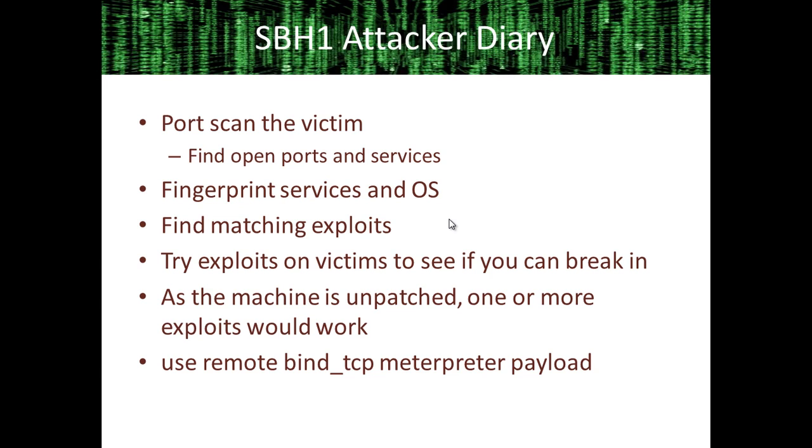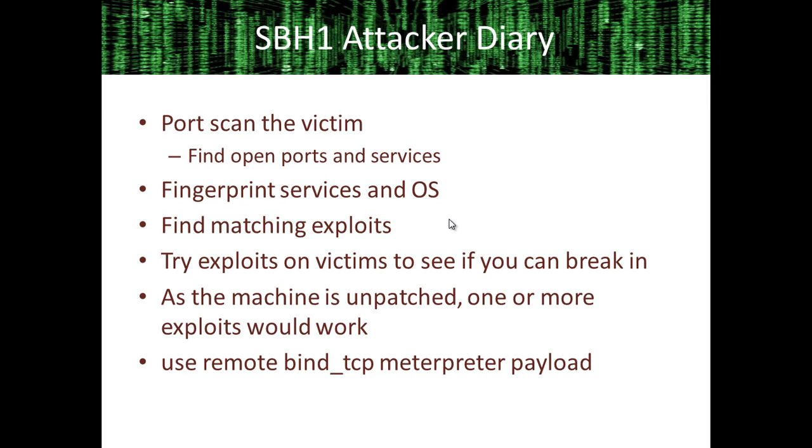Once he does that, he's going to figure out what is the version of the services as well as figure out what the operating system is. Then he would try to find matching exploits, and as the victim is unpatched, one or more of these exploits would end up working. Right? And depending on what he wants to use, he could actually use a remote bind_tcp Meterpreter payload. So let's look at a demo right now.